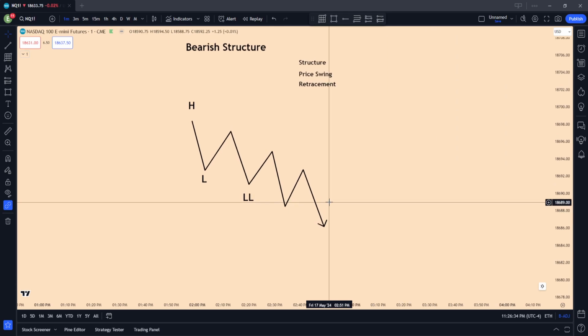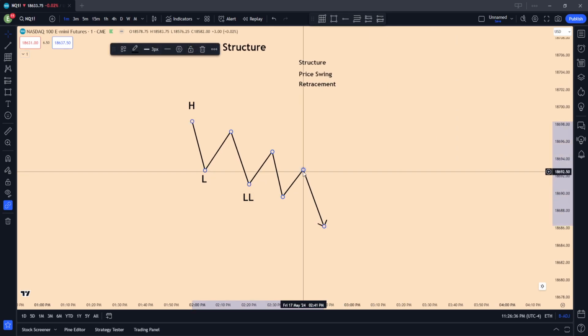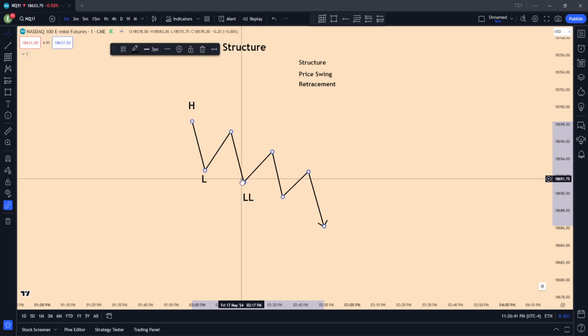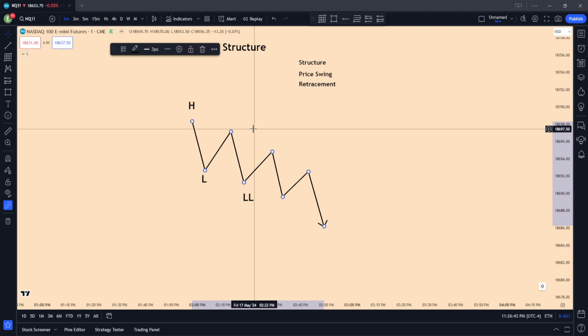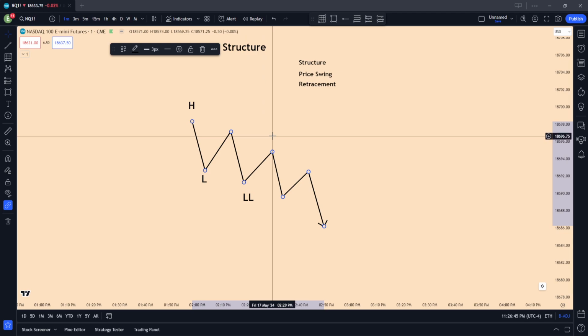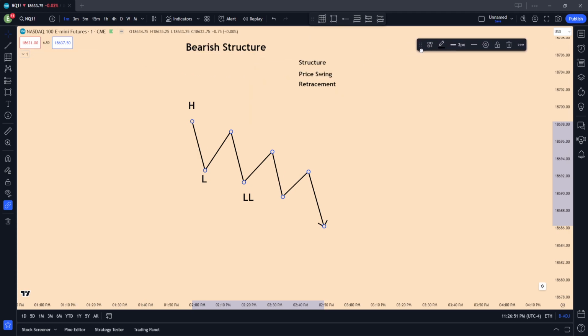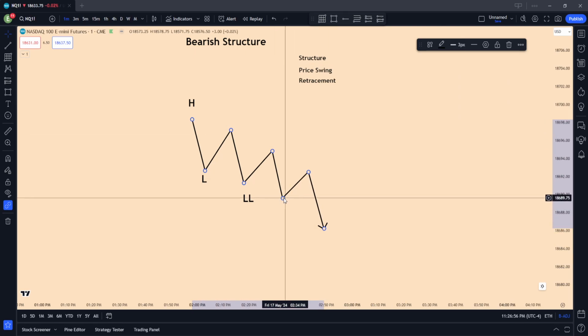So the best possible way, not possible, but I guess the most probable, let's talk about probability here, because this is what trading is all about, right? The best probability for a trade execution is to trade with the trend, okay?